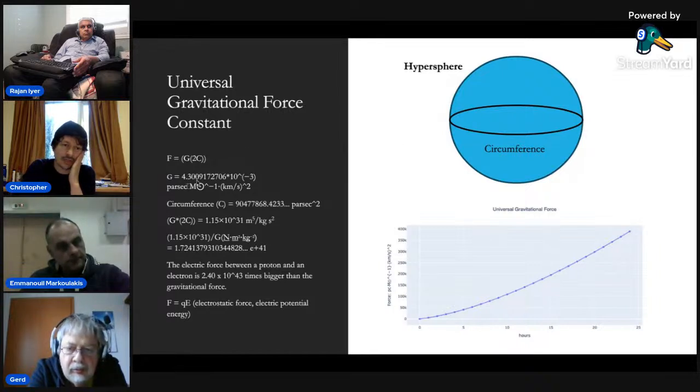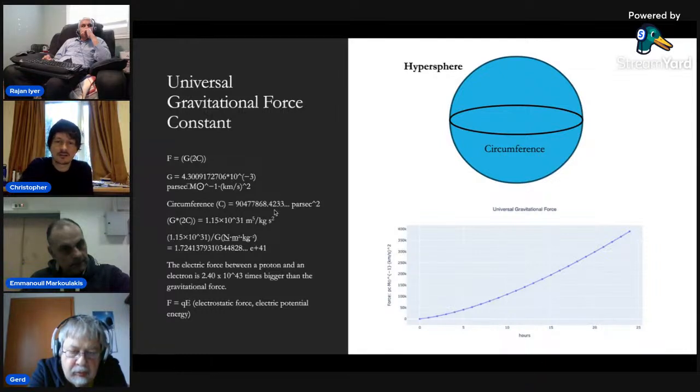So for G, we use the parsec version of Newton's gravitational constant. For the circumference, we've already determined the sizes of the circumference, radius, diameter, surface area and volume in previous papers, preprints, and presentations.